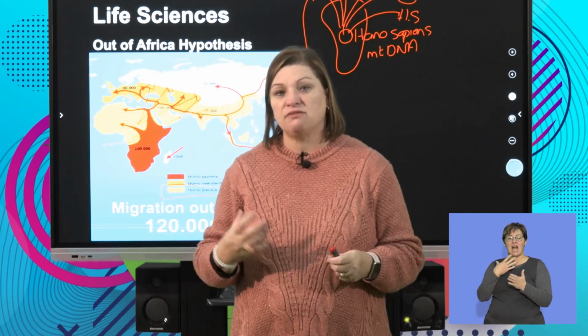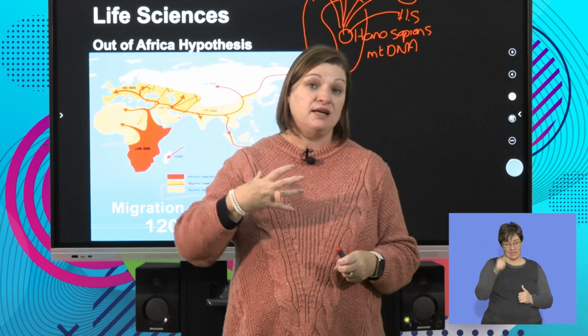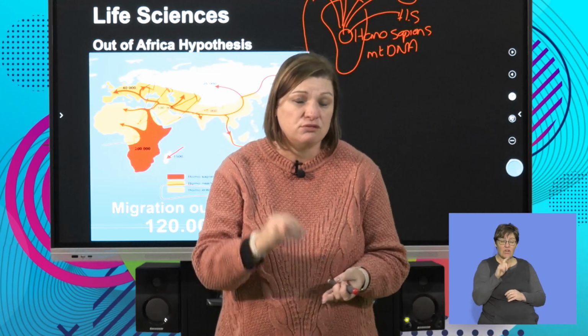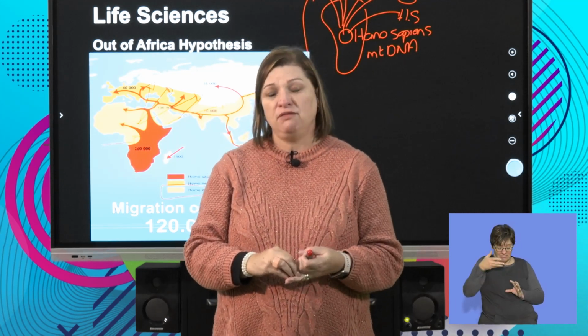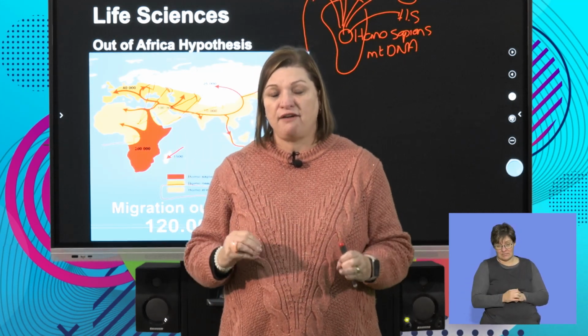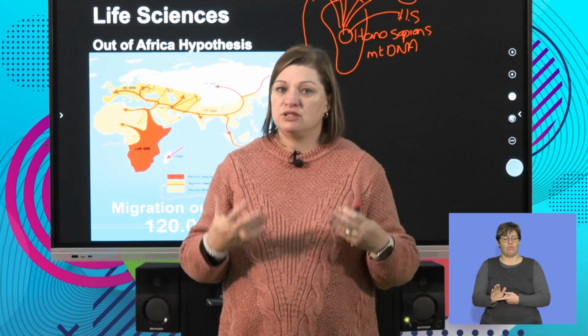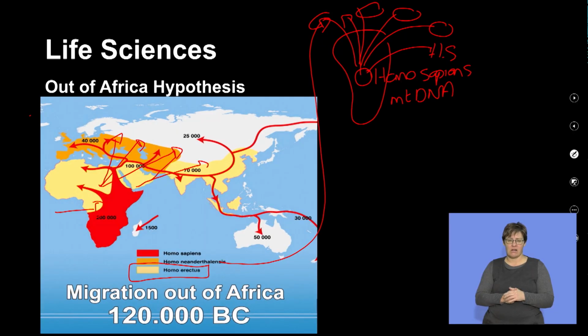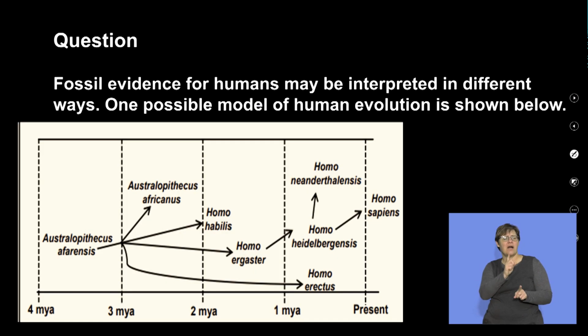And that is the out of Africa hypothesis. As I said, mitochondrial DNA, mitochondrial Eve, Africa. The oldest Homo sapien fossils here in Africa. All right, so that shows us the theory, the out of Africa, that Homo sapiens originated here.